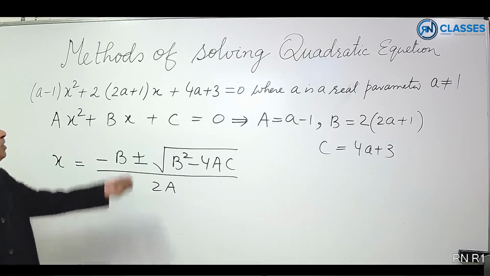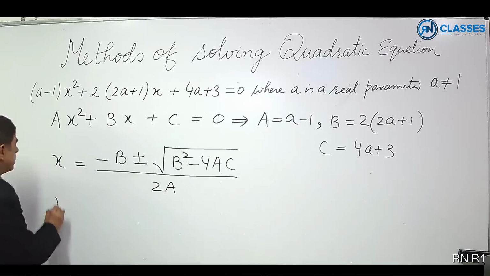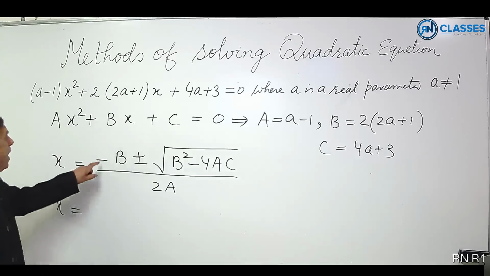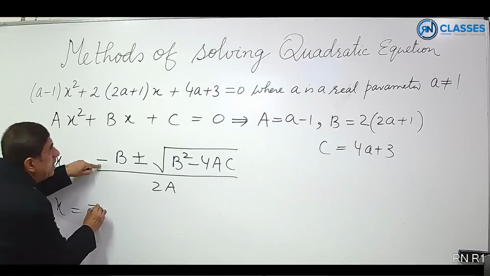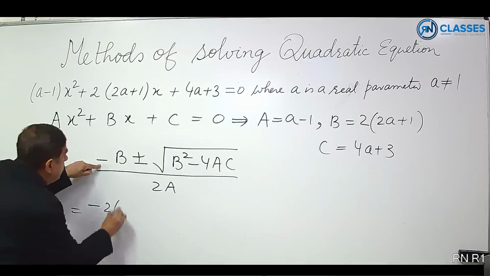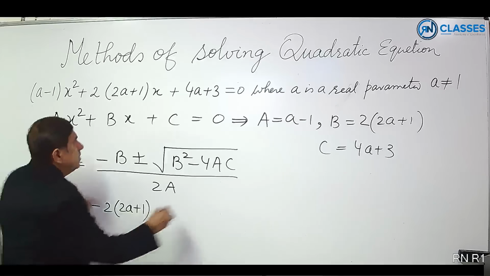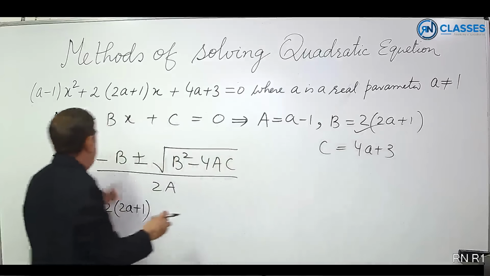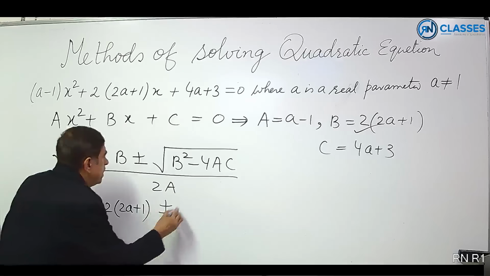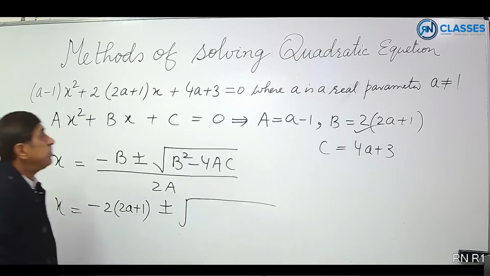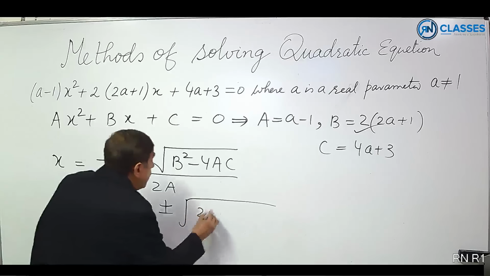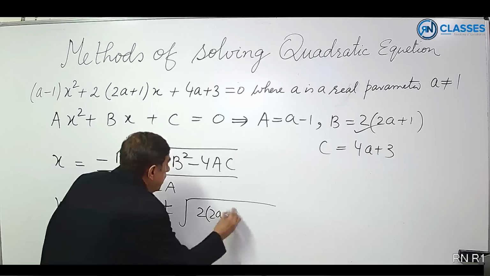Okay. Now substitute the values. X is equal to minus, what is the value of b? 2 into 2a plus 1. Put it here, plus minus square root of b square, 2 into 2a plus 1 whole square.